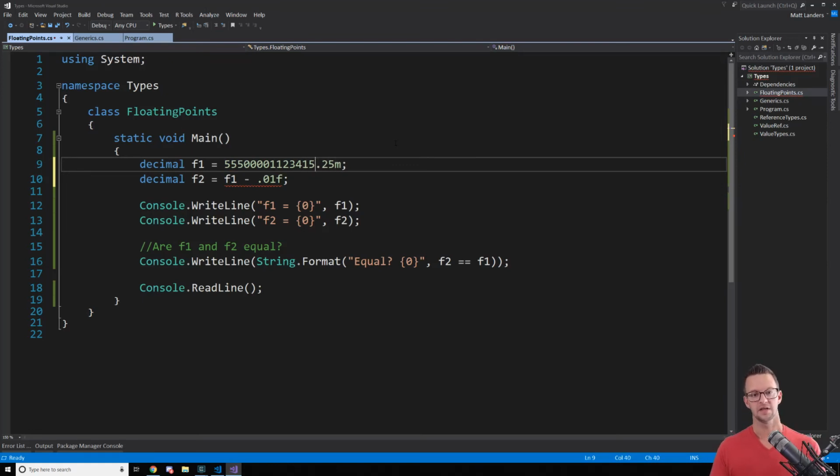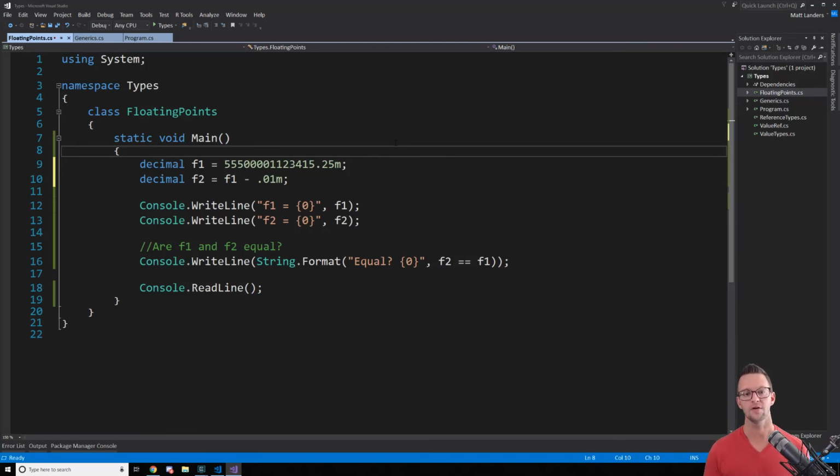And it has a pretty large accuracy, but you can always know that a decimal is actually going to give you what you think. So if you're going to use money in C#, you want to use a decimal. And you'll see this in other languages as well. Like in a database, you'll see it in MySQL, you'll see it in SQL Server that you can use a decimal. And that's usually used for money rather than a float.